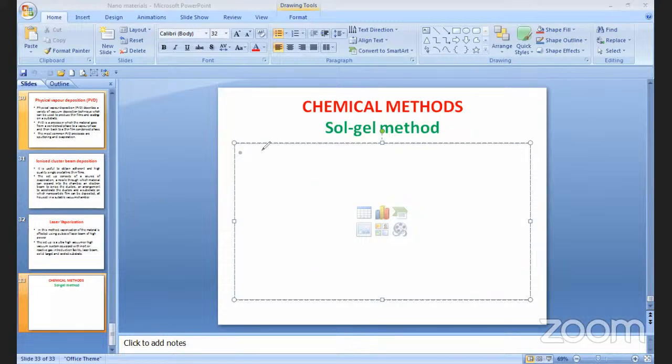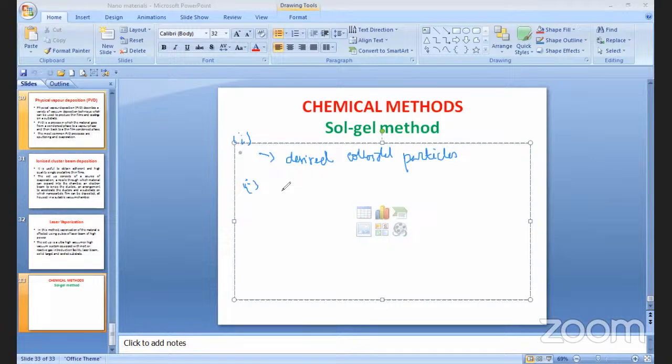The sol-gel process consists of several steps. The first one is that the desired colloidal particles are dispersed in a liquid to form a sol. The second step is deposition.